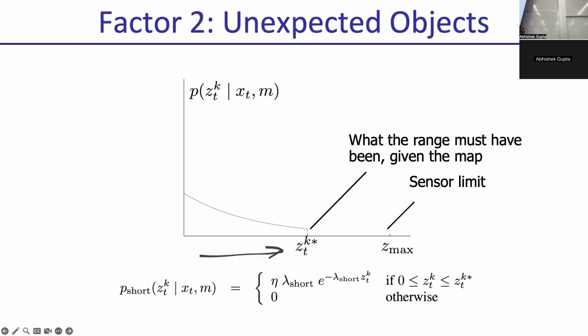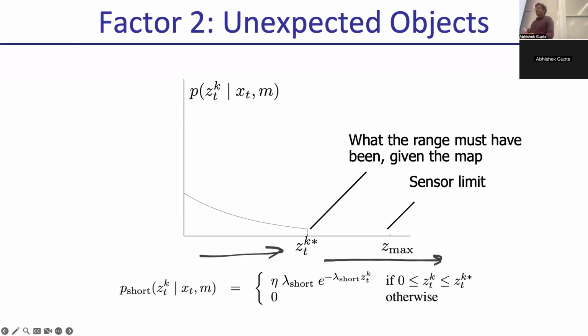The math here is not super important, but it's more important to get the intuition. The first thing you want to notice is that if the unexpected object was further than the true object, the likelihood is basically zero.